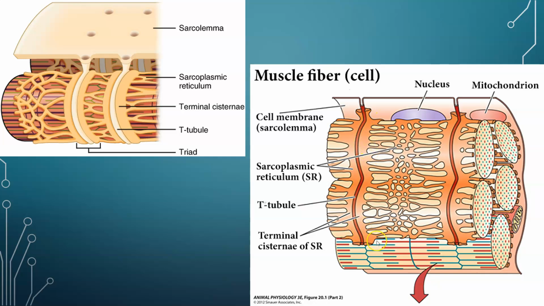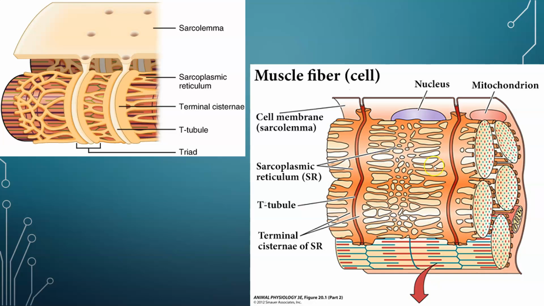And we can see that, at the Z disc of each sarcomere, we have this configuration of a terminal cisternae, then a T tubule, then a terminal cisternae of the next sarcoplasmic reticulum.